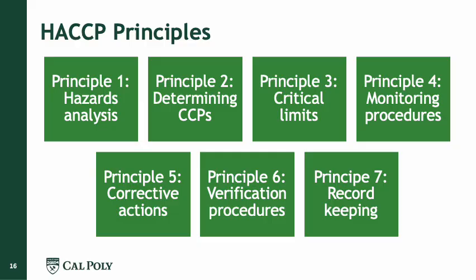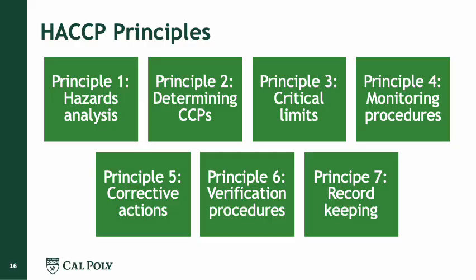So let's say I have a supplier of fish, and when I am doing my hazard analysis, I determine that my critical control point is the temperature at which I receive this fish. So this is my critical control point.